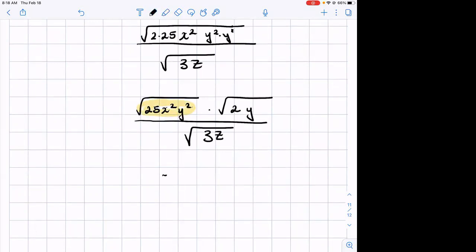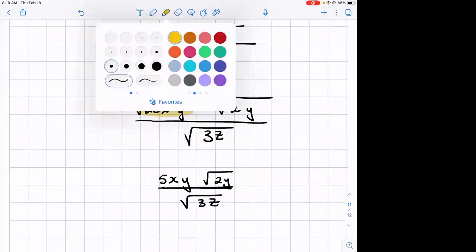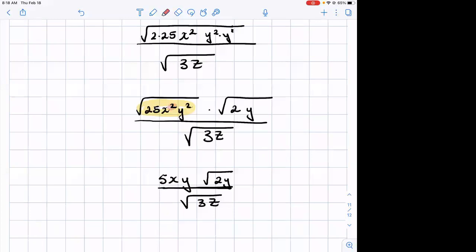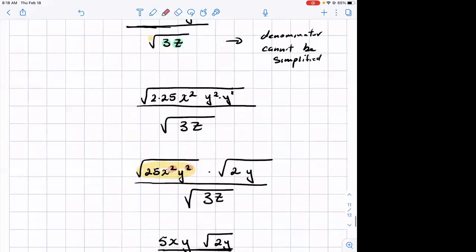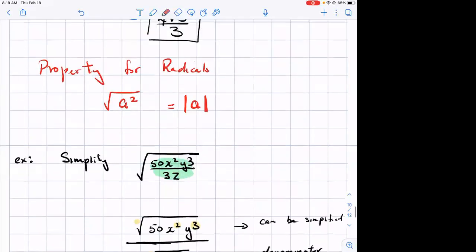So everything here can be simplified. So we have 5xy times the square root of 2y divided by the square root of 3z. Now, because these indexes or powers are 2, okay, we use the property, right? We use this property here.